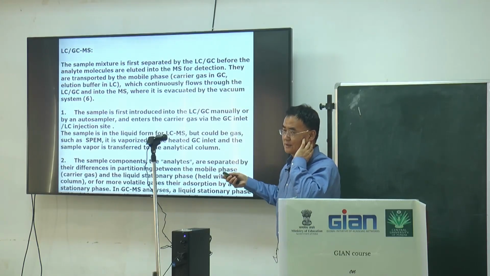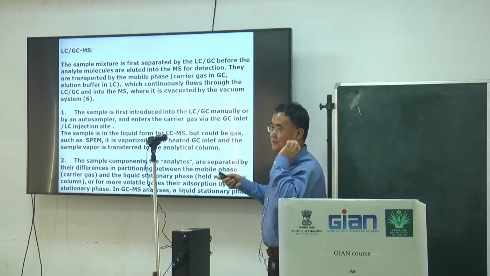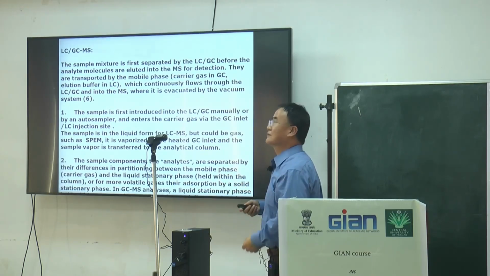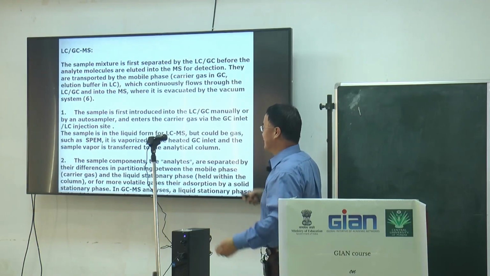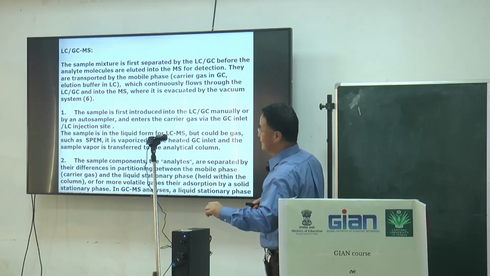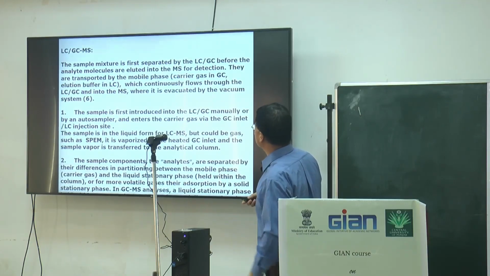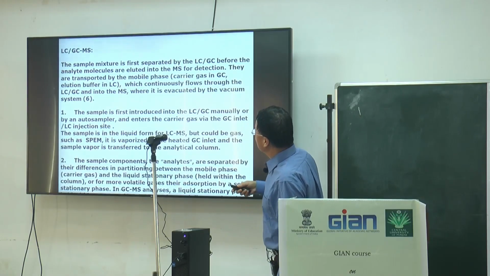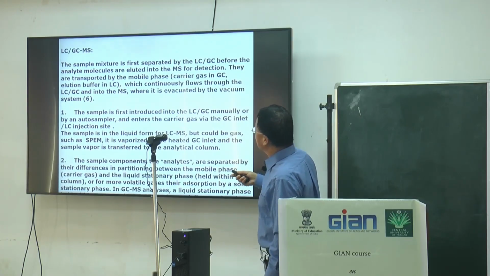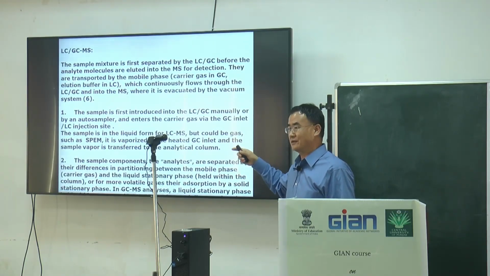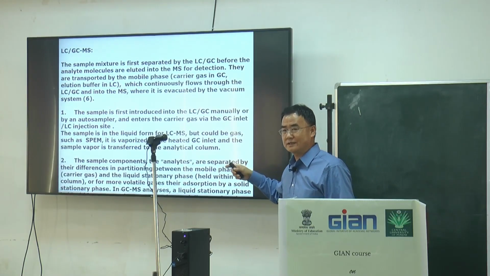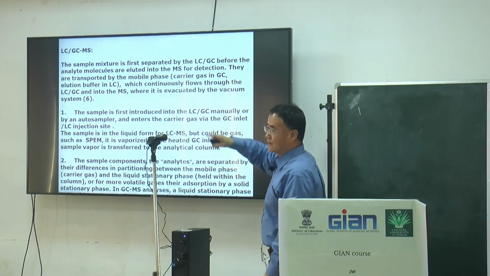Of course, in gas chromatography you can only use inert gas, or non-reactive gas, like helium. The solid phase in gas chromatography is called the stationary phase. It is very long.